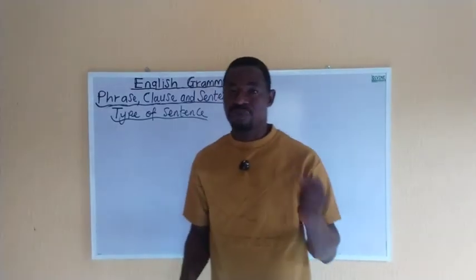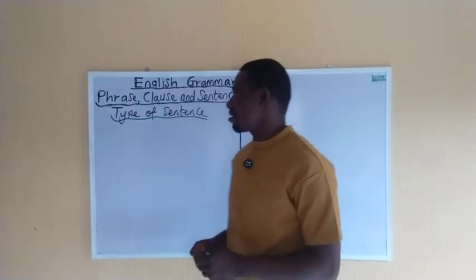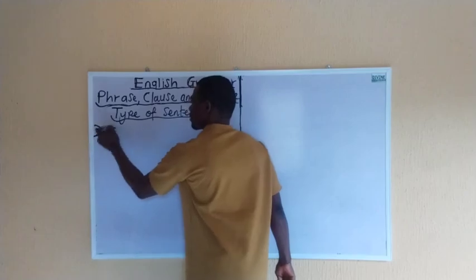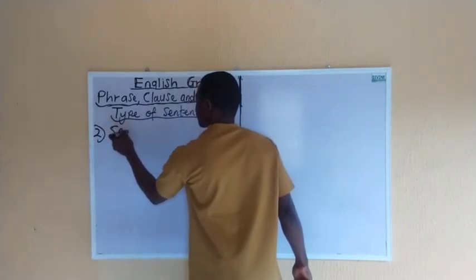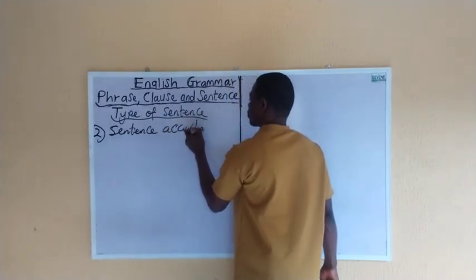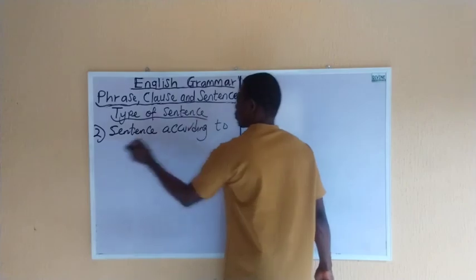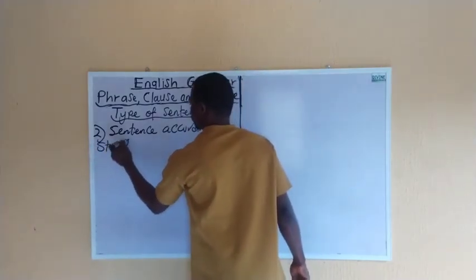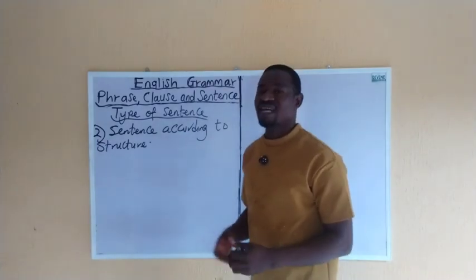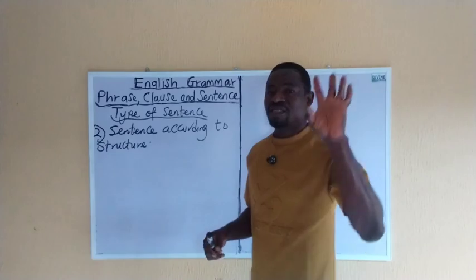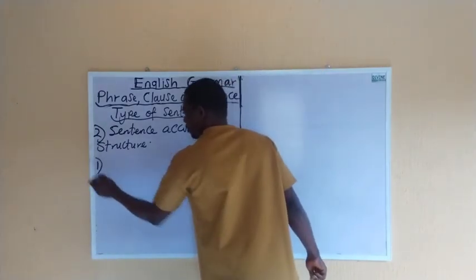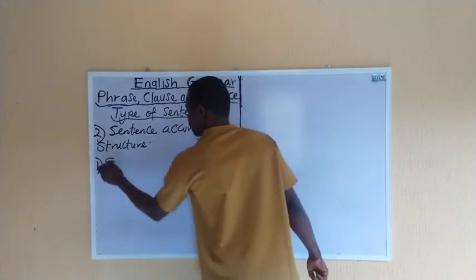The second category of sentence based on type is known as sentence according to structure. Sentence according to structure is divided into four parts. The first part is known as simple sentence.